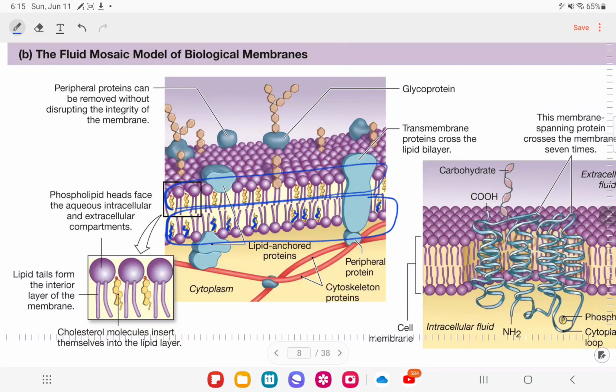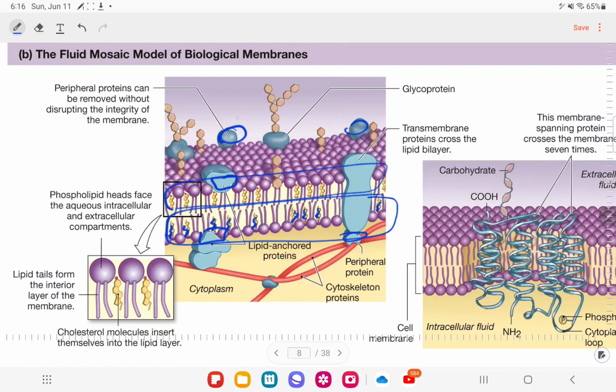We're also going to have these peripheral proteins. These are going to be on the outside of that cell, on the surface of the cell membrane. We have these integral proteins, which are integrated within the cell membrane.